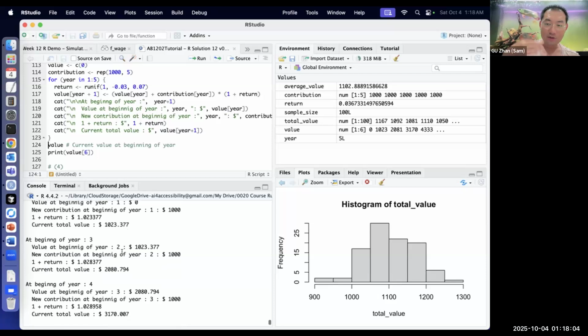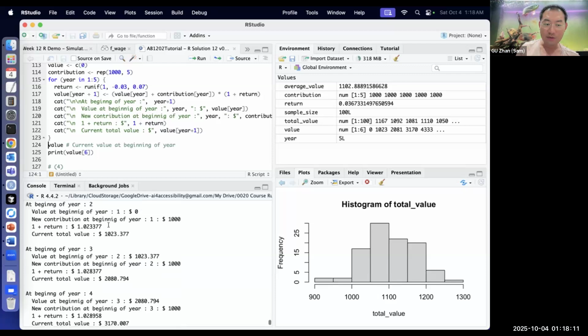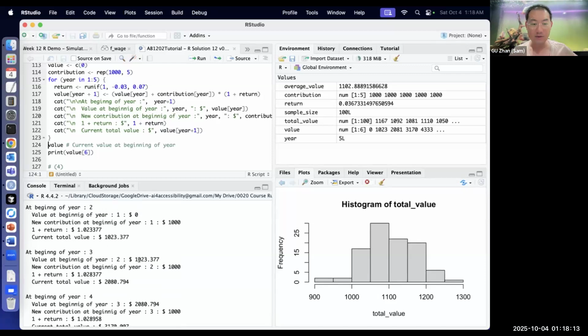Okay, then move on to year 3. The value at the beginning of year 2 is inherited from the previous iteration, 1023. Then the new contribution at the beginning of year 2 is $1,000. So now at the beginning of year 3, 1 year has passed, so you can calculate the new return.